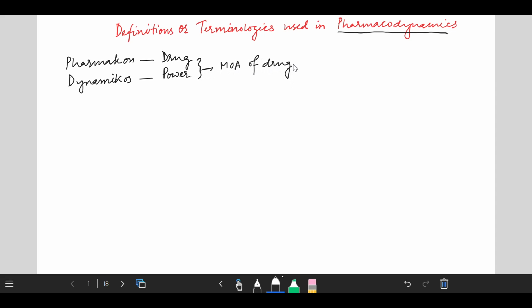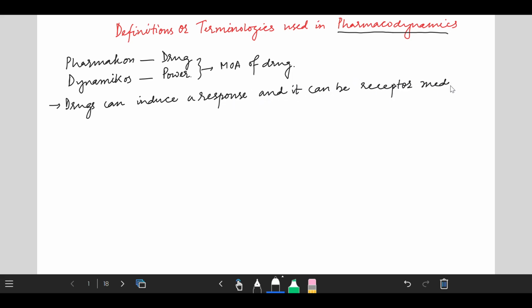Okay. We know that drugs can induce a tissue response through two types of mechanism. It can be receptor mediated or non-receptor mediated. So drugs can induce a response and it can be receptor mediated and non-receptor mediated.